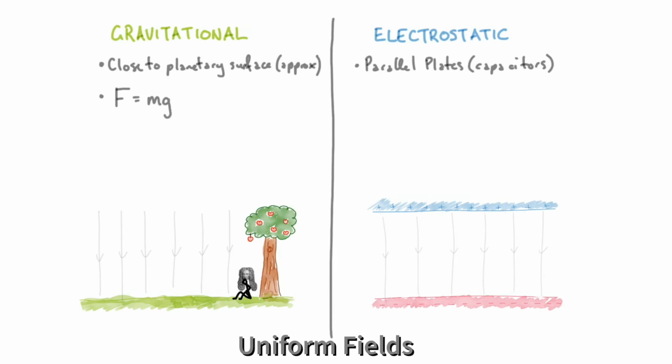The force in a gravitational uniform field is mass times the gravitational field strength. The force in electrostatics is the charge times the electric field strength. And we can get the work, which is the change in potential energy, will be mgh in a gravitational example, and the change in potential energy in electrostatics will be Q times E times D.